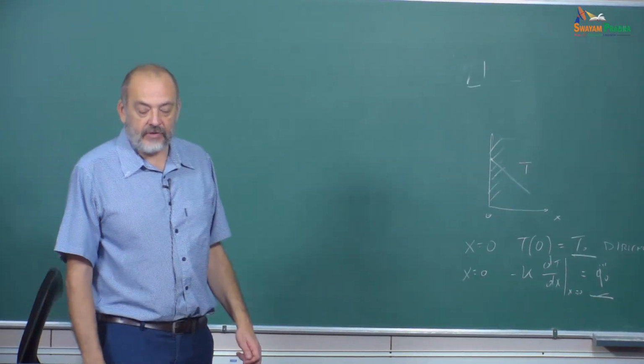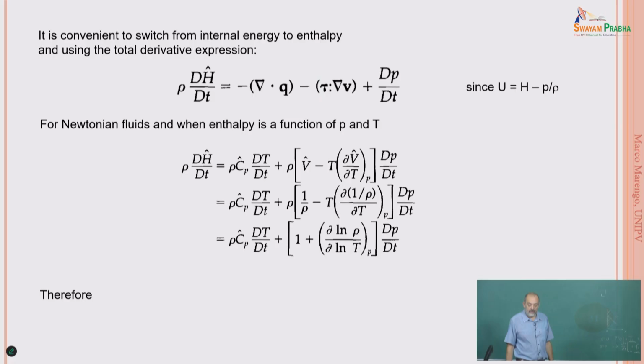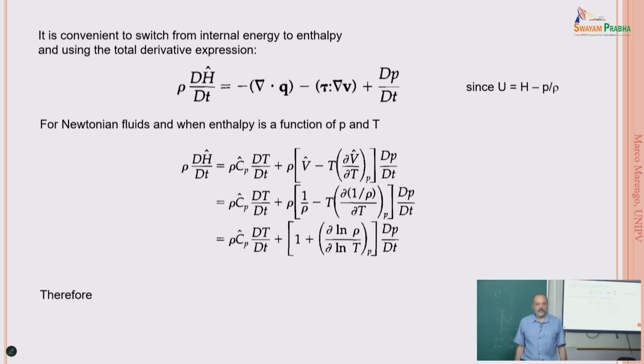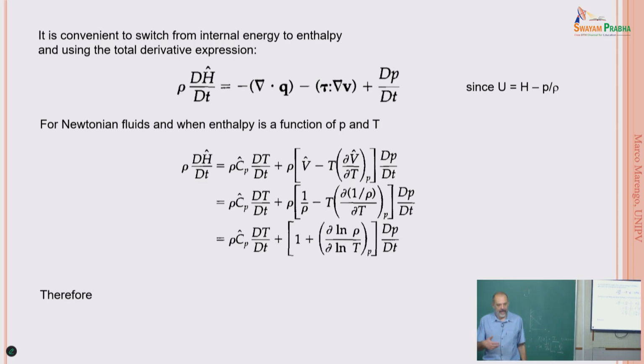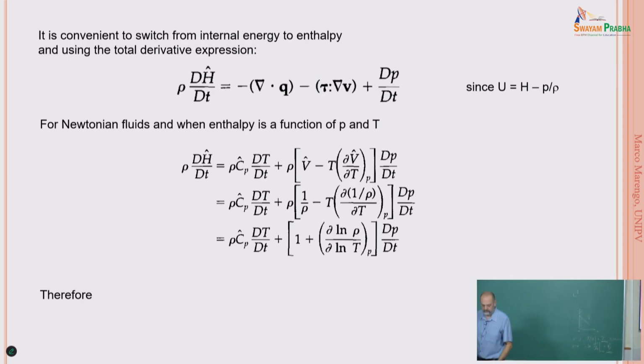It's also convenient, for example, to use the enthalpy instead of the internal energy. I think that you have done this because when you write the Bernoulli equation and you extend it to the energy, so to the enthalpy variation, you are writing it with the enthalpy, not with the U, and you land with the expression H plus 1/2 V squared plus gZ and so on.